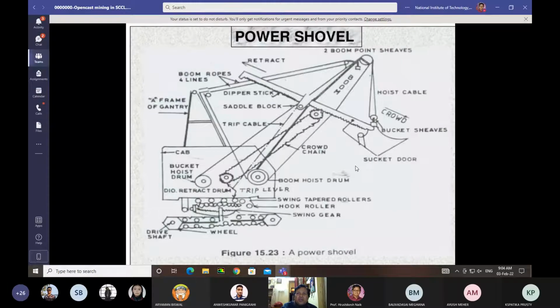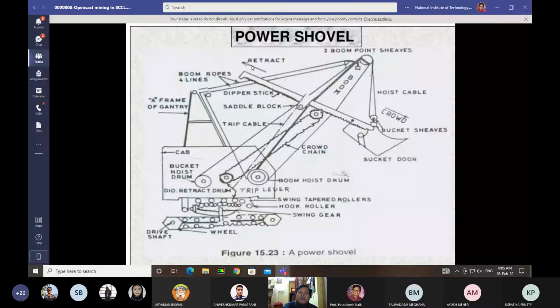So this is the bucket, this is the bucket door, and this is the bucket shapes, and this is the crowd mechanism, this is the hoist cable, this is the boom. Okay, and this is the boom point shapes, and this is the retreat mechanism.